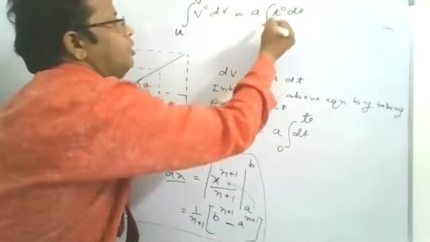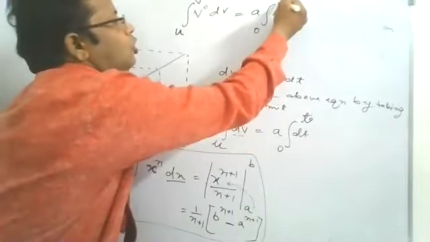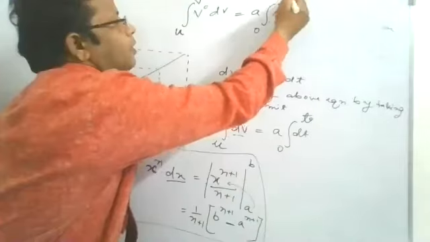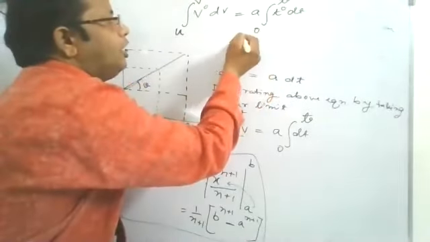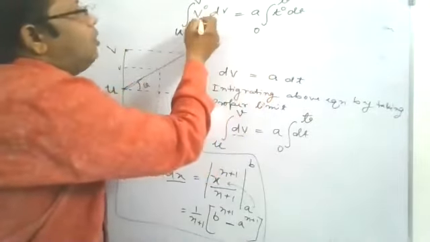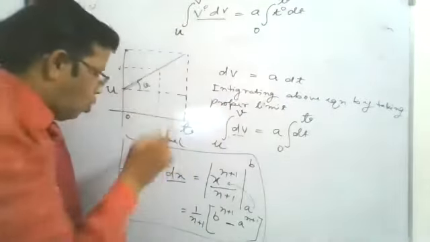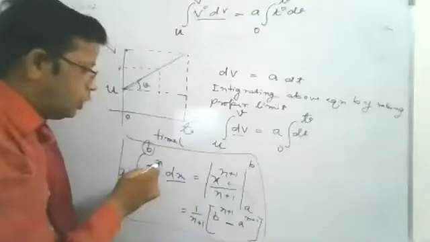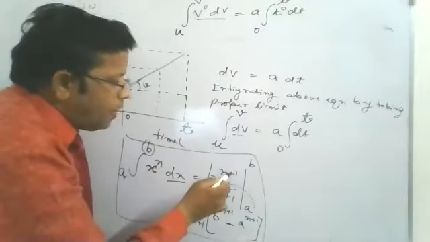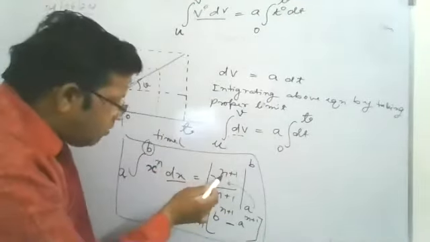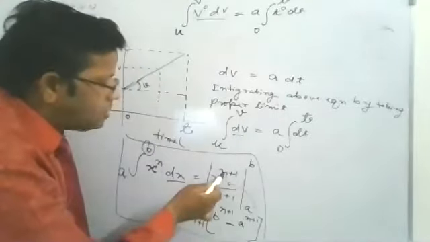Now see here, 0 to this time t. But during integration, what is the integration of v to the power 0 into dv? The power v is 0. Power 0 plus 1 is 1, n is the power.